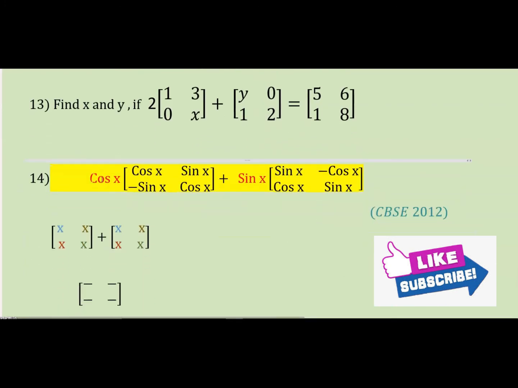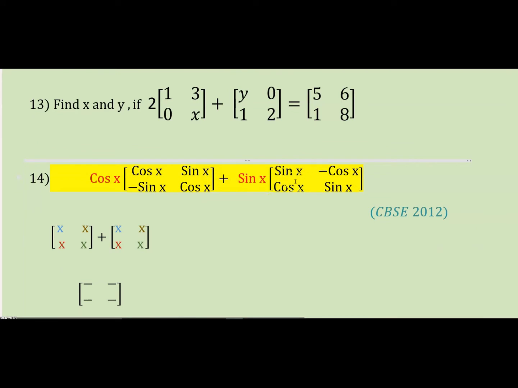Next question is cos into this matrix plus sin into this matrix. Alright, you need to find out the value of this. So this is the scalar multiplication. I am doing the scalar multiplication here, that is cos into cos x, that is cos square x, and next is cos into sin x, that is cos x into sin x, right?